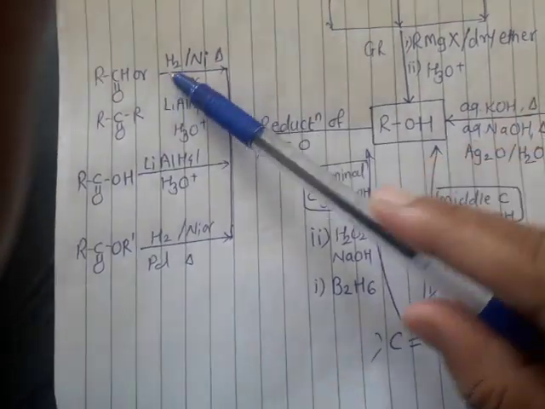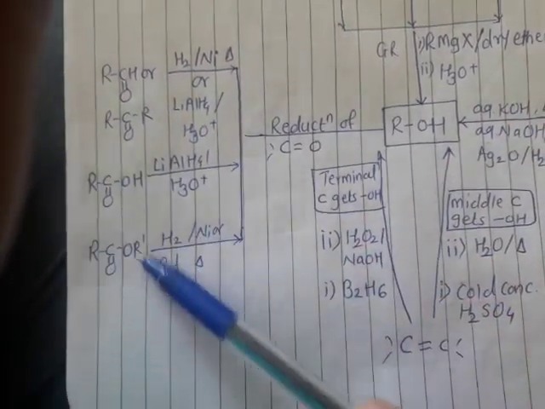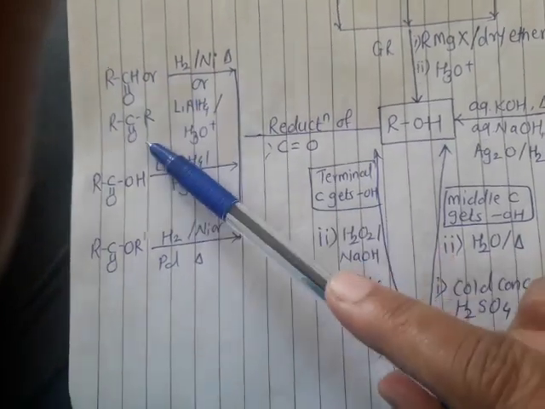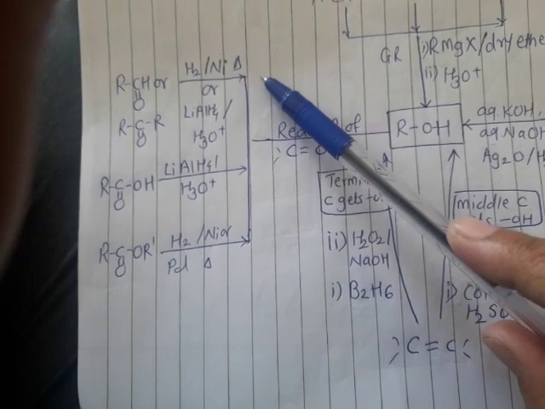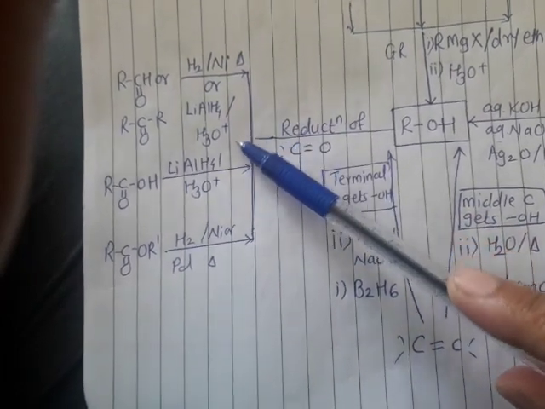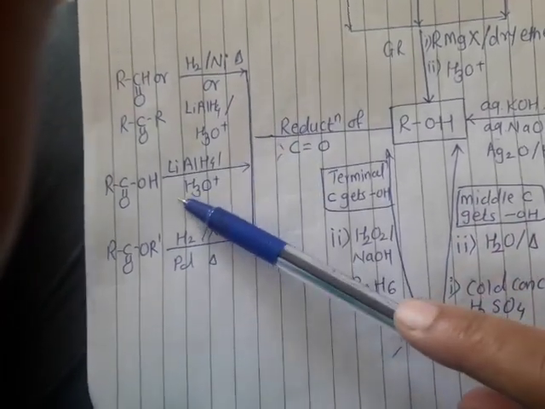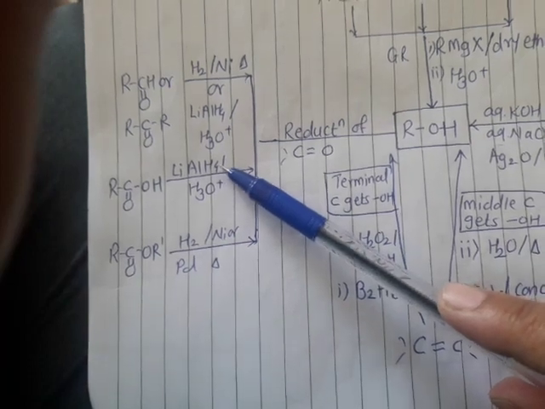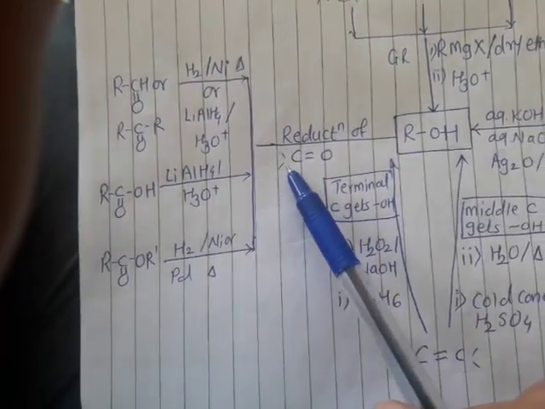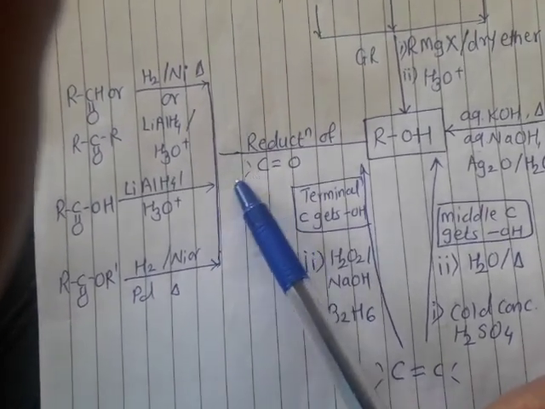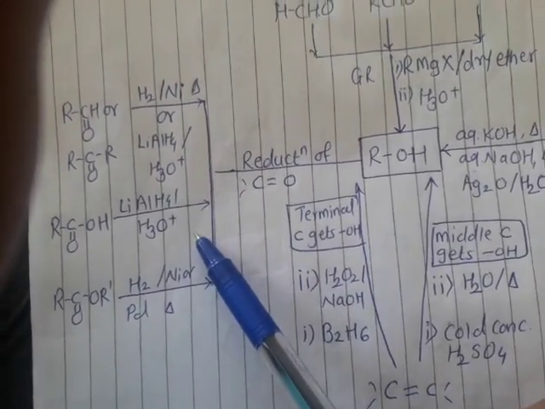Next method of preparation is by reduction of carbonyl compounds. Carbonyl includes aldehydes, ketones, acids and esters. Aldehydes and ketones are reduced by using H2 in presence of nickel catalyst, heat, or LiAlH4 and hydrolysis. RCOOH can also be converted into alcohol by using LiAlH4 and hydrolysis.